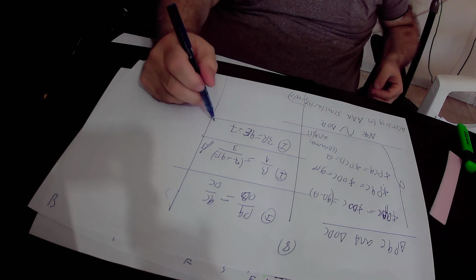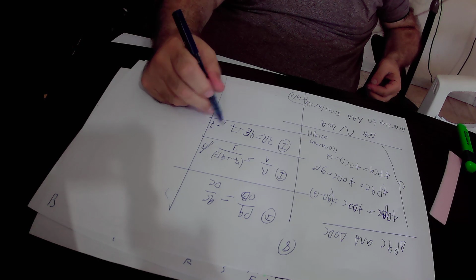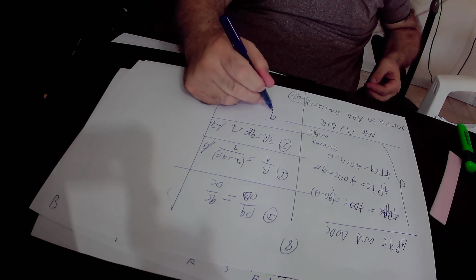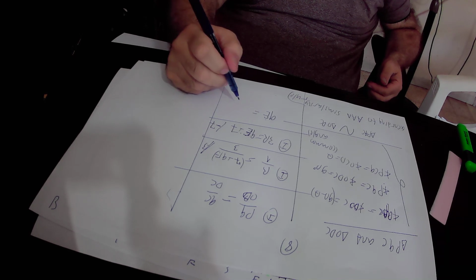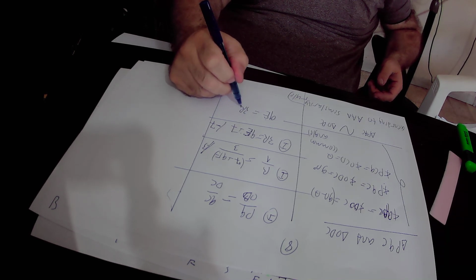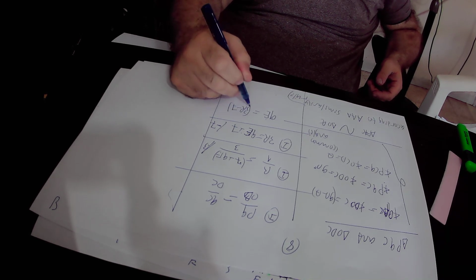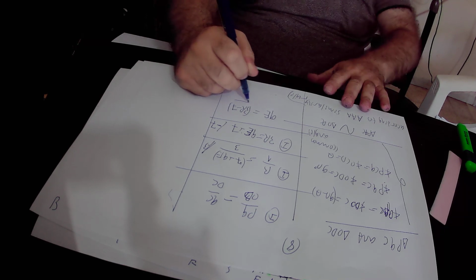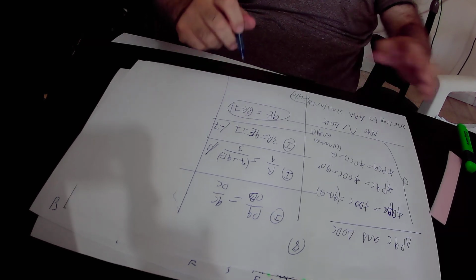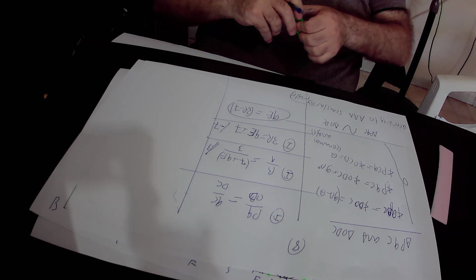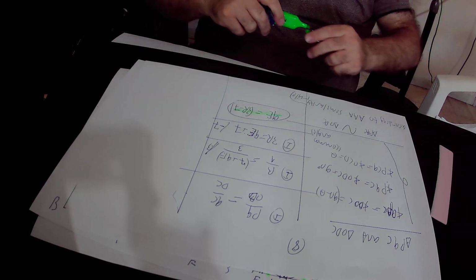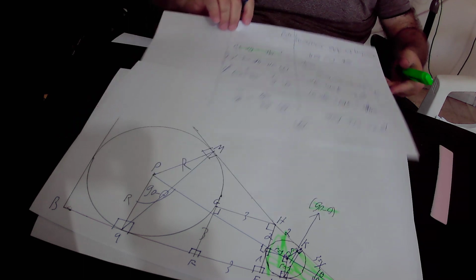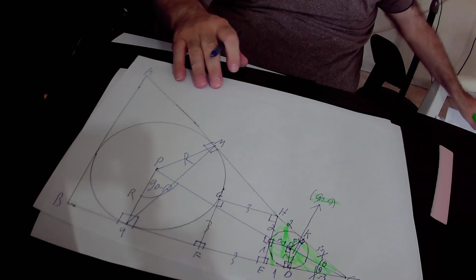Here we subtract 7, and we get that QF is equal to 3R minus 7. So we write down in the drawing that QF equals 3R minus 7.